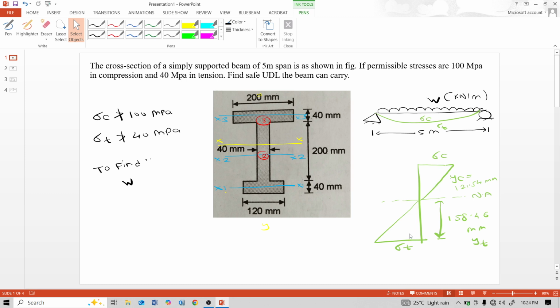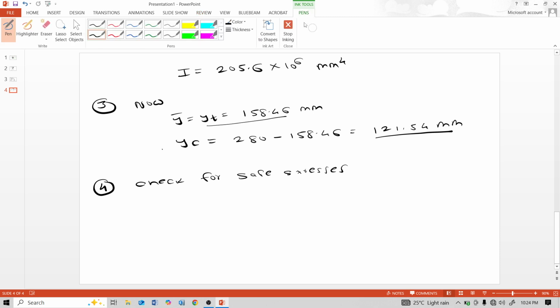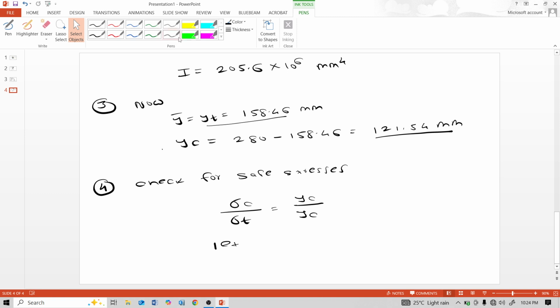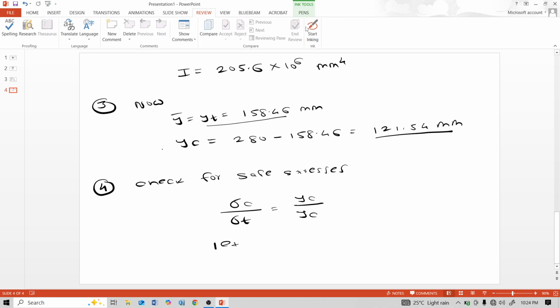YC upon YT is equal to sigma C upon sigma T. In the numerical they have given us the maximum sigma C and sigma T values. So consider maximum sigma T as 40 MPa, and from that, with YC and YT, we have to check this sigma C value.